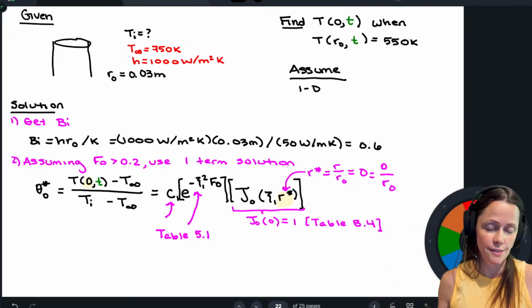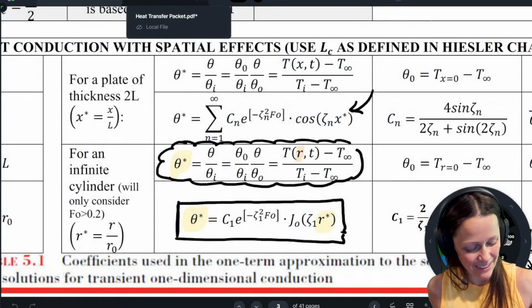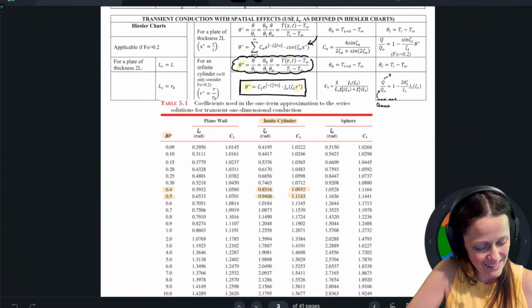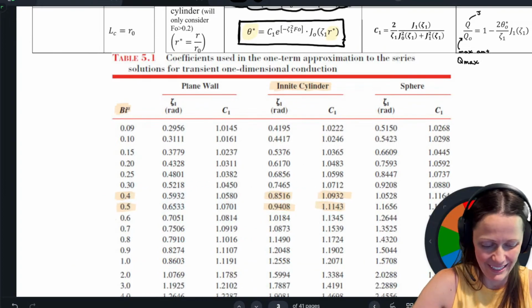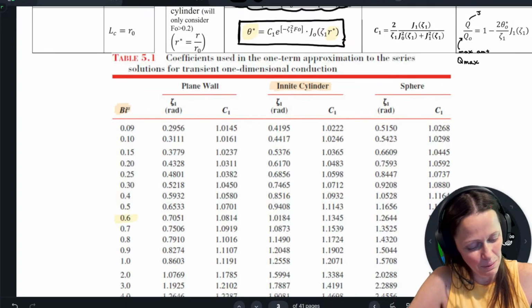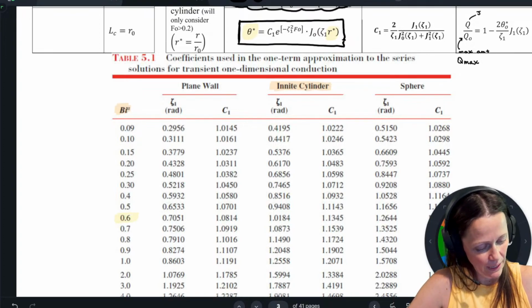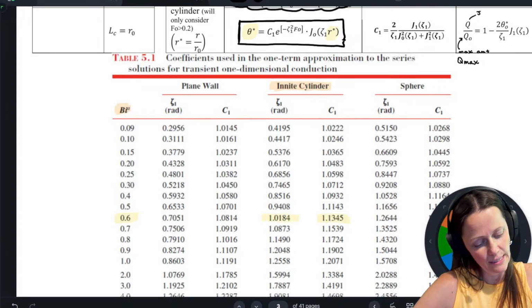So 0.6 is a nice even number, so we will get a little bit of relief that way because we don't actually have to interpolate anything this time, thank goodness, because it's right on there. So at a Biot number of 0.6, we can just pull off the zeta 1 and the C1 value.